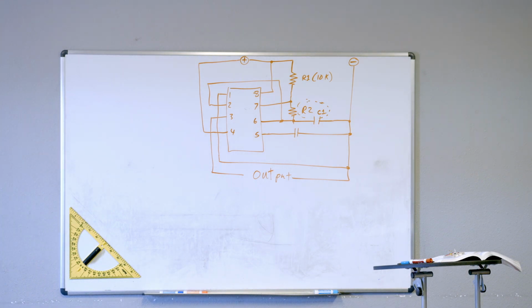This goes to ground, right? This is our ground. And this we're going to attach to our output. And get us some power. Then just start by hitting audio and see what we see.